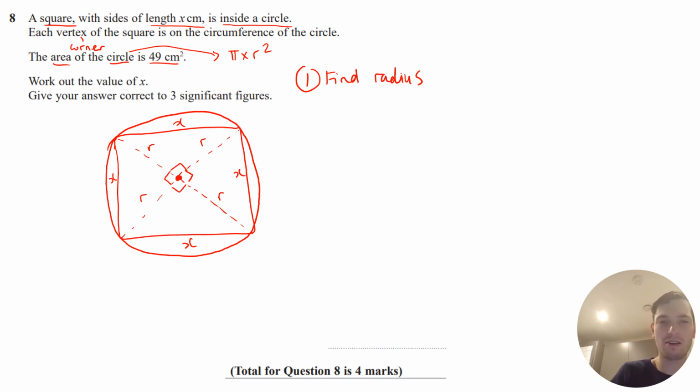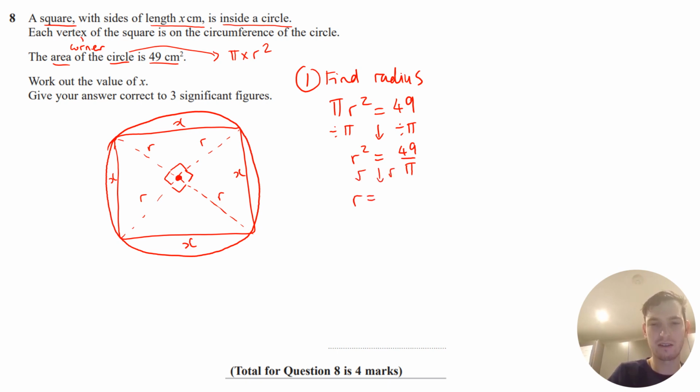So I know that pi r squared equals 49. So I can find the radius by, first of all, dividing by pi. R squared equals 49 over pi. And then square rooting both sides. So square root of 49 over pi. So I know the radius.